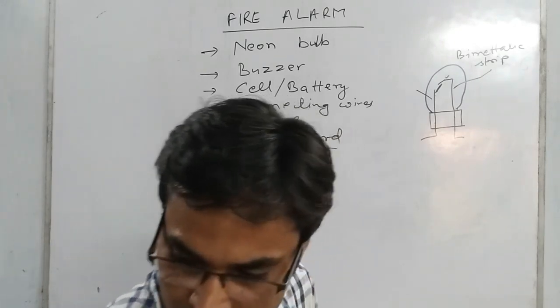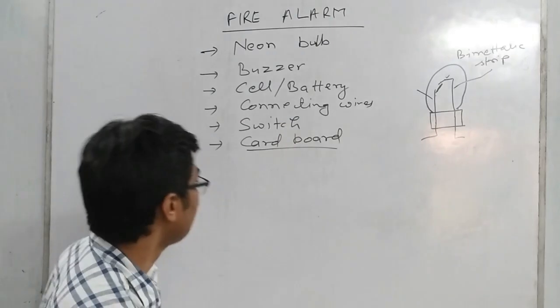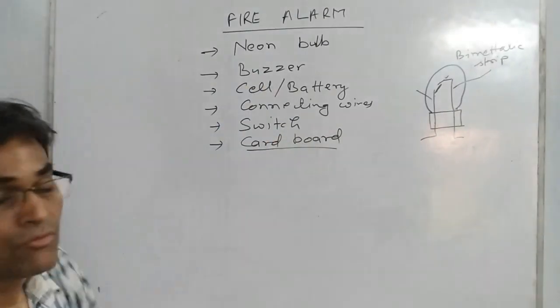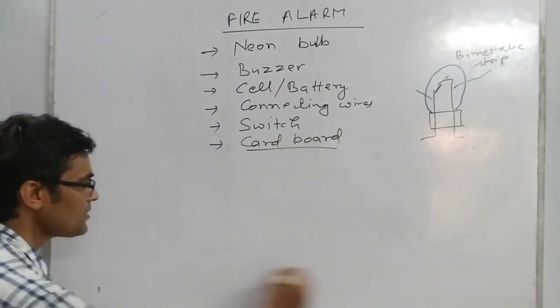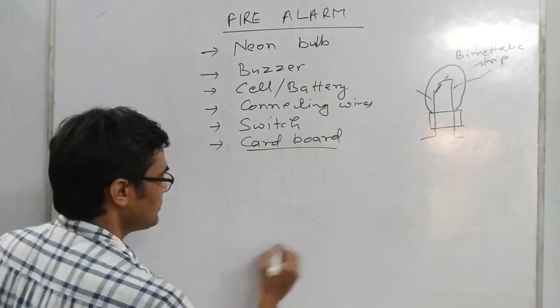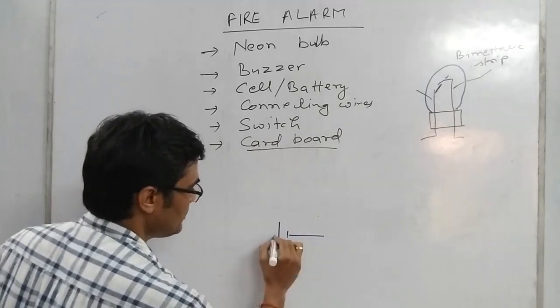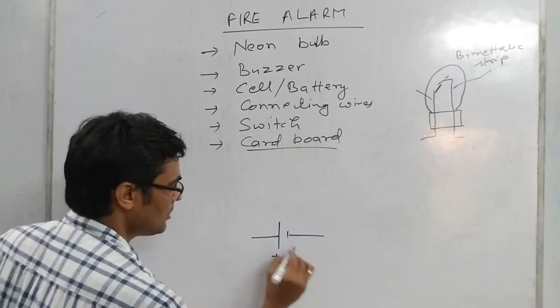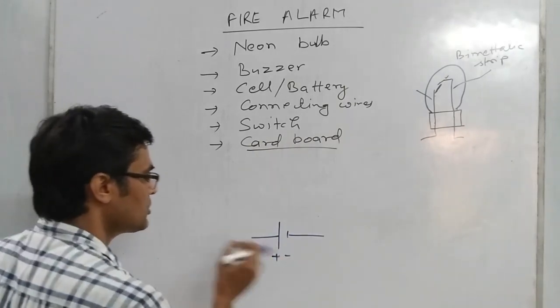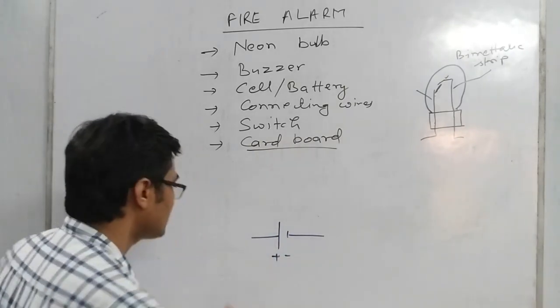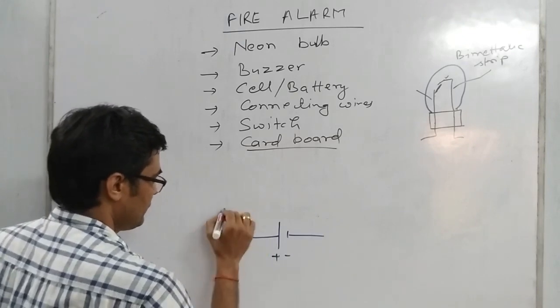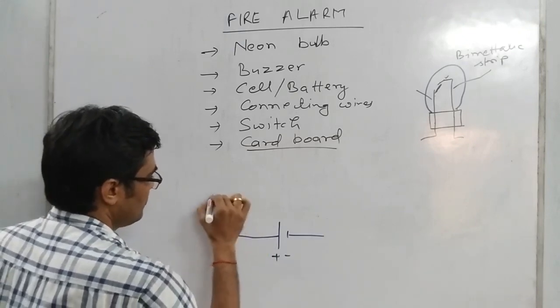Okay, so let me draw a simple circuit for how we will make this fire alarm. First of all, we require a cell. This is the power supply, and these are the positive and negative terminals of the cell. Then we require a switch.